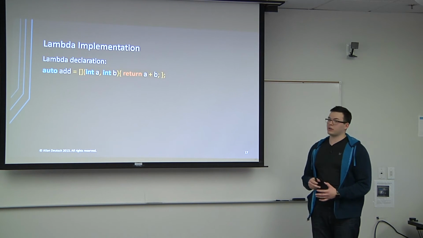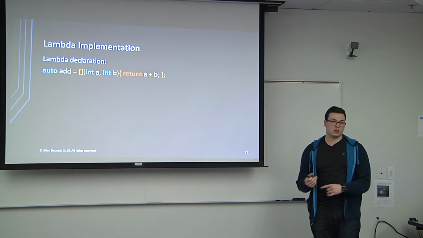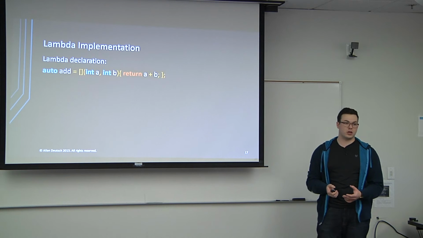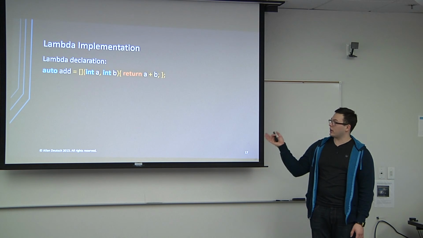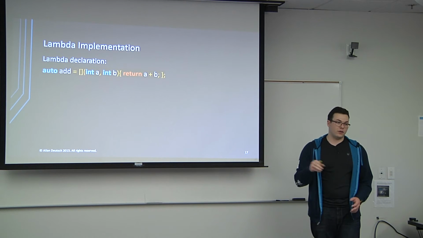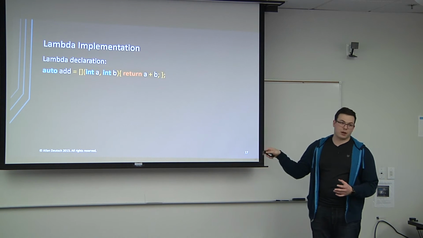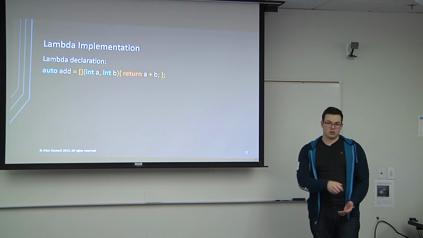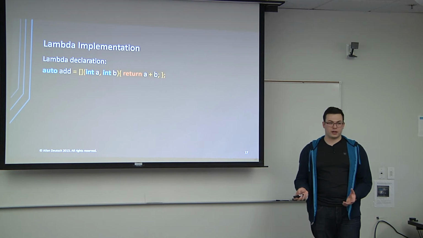If they're captured by reference and they change, then since it's referencing that variable, it would change. But if they're captured by value, they wouldn't be changed. But if you were to create another instance of this Lambda at a later point, using the capture list again, not just copying the Lambda object itself, then it would be the new values, whatever you're passing in the capture list.